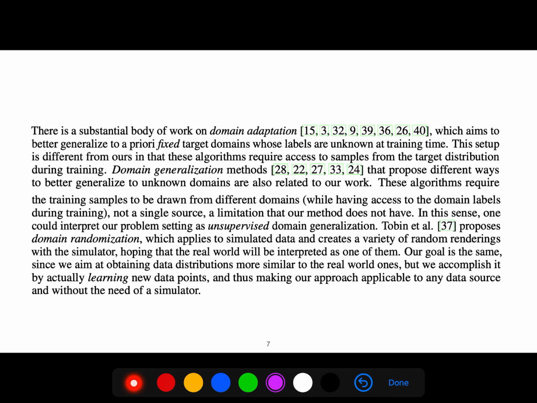But domain generalization methods that propose different ways to better generalize to unknown domains are also related to our work. These algorithms require training samples to be drawn from different domains, not a single source, a limitation that our method does not have. In this sense, one could interpret our problem setting as an unsupervised domain generalization.